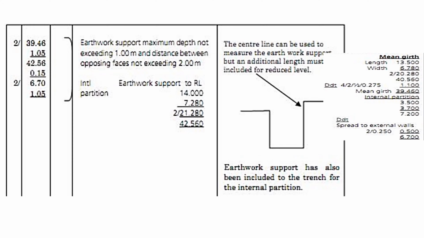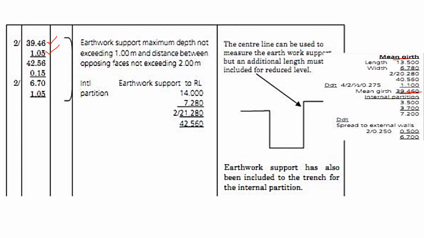So what will be the area of the support in the trenches? First of all, in the trenches, we shall take the center line of the trenches. Remember, the mean girth for the external wall was 39.46. So 39.46. Then we shall support the depth of the trench, which is 1.05.